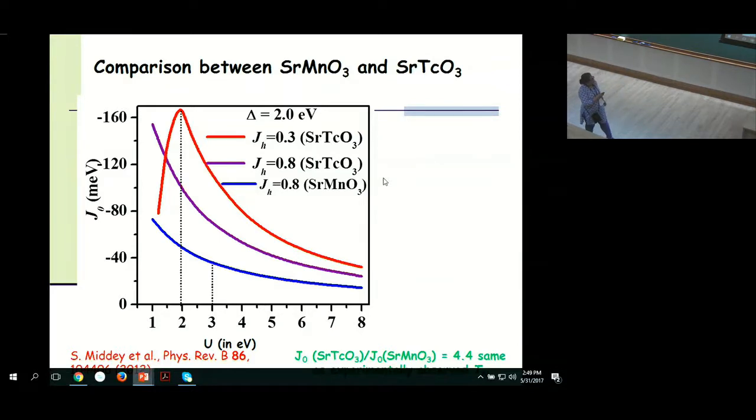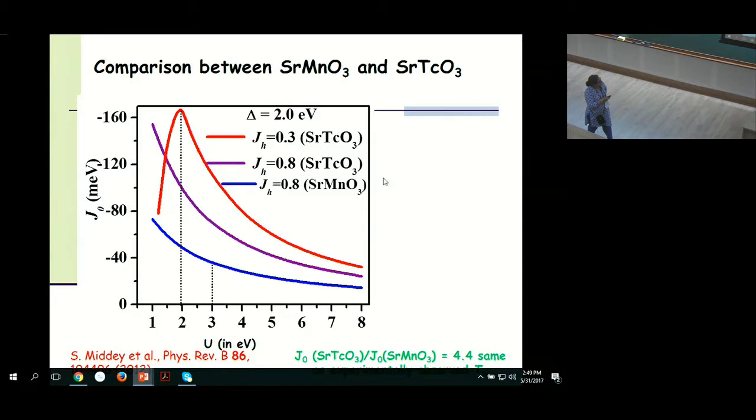We then used that to calculate J0, which in a mean field sense is proportional to the Néel temperature. There are several things shown on this plot, so let's just focus on this.